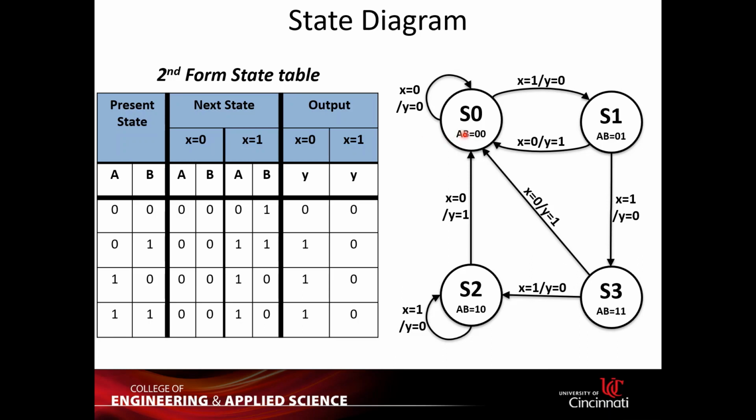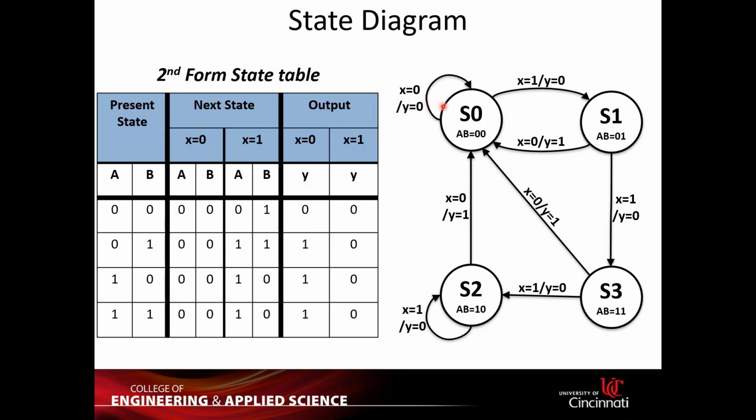At state S0, when the input is 0, it loops back to S0, right? But when the input is 1, it goes to state S1. Because of a certain combination of the present state and the input, you also have an output.